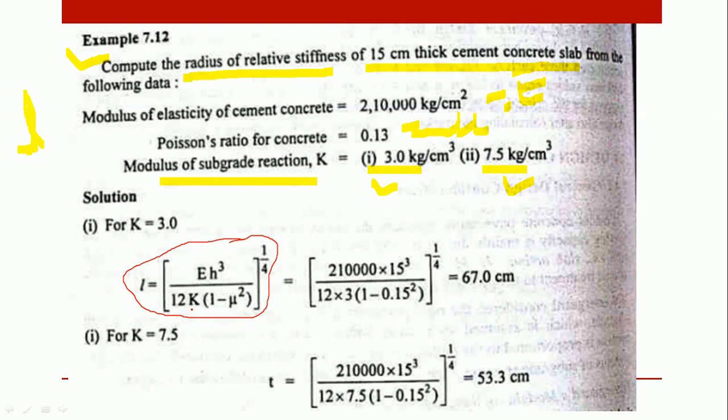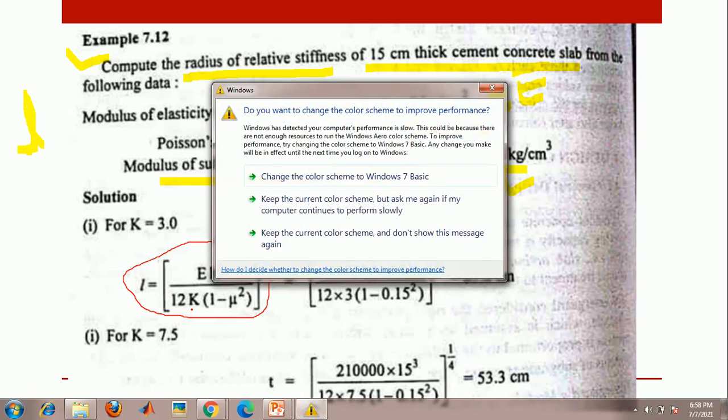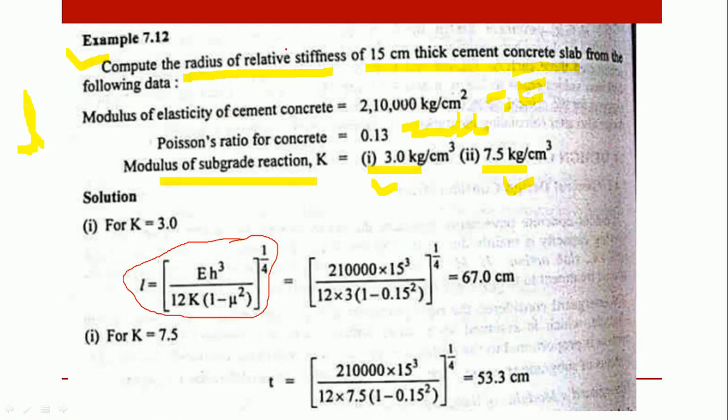What do we mean by radius of relative stiffness? Whenever the wheel load is acting on a pavement, there is bending of the entire slab. The resistance offered to that bending by the subgrade is what we call relative stiffness. E value is given, in kg per centimeter square.